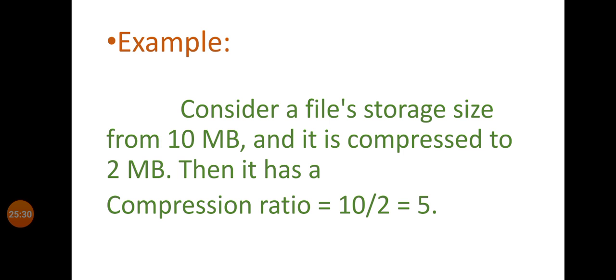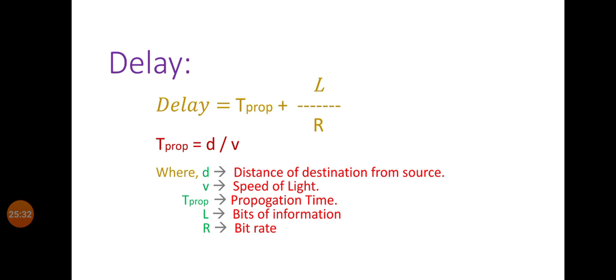Understood? Okay, now come to next topic, that is delay. In some applications, whenever we transfer some blocks of information, we may get delay because of some intermediate interferences, means some intermediate corruptions. There may be delay in transmission of information from source to destination. Understood the delay means?